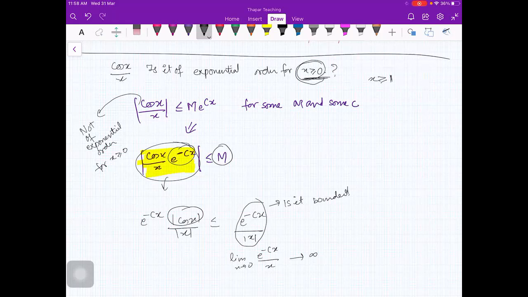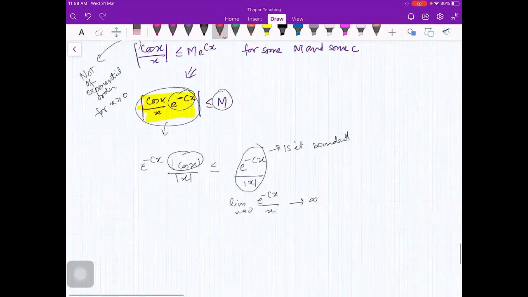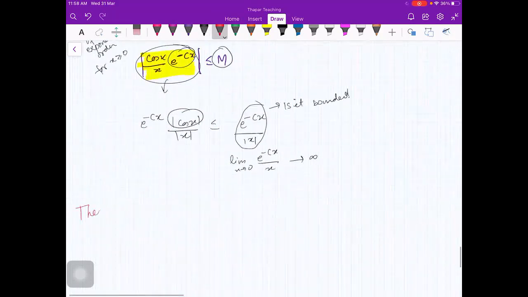Clear? So what was our aim? We wanted to know under what conditions on f we are sure that the Laplace transformation exists. So we have this theorem, which is the existence theorem for Laplace transform.